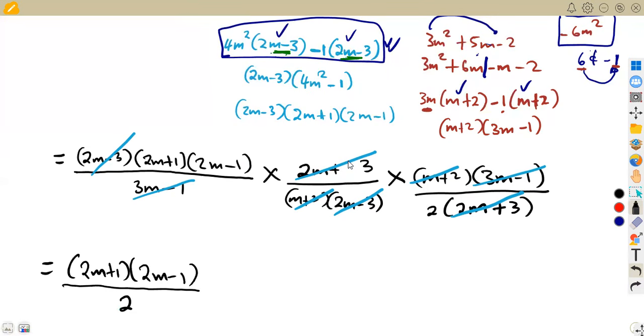All we need is to make sure that all the given expressions are being factorized where it is possible for you to factorize. Where it is possible, you have to make sure that everything is being factorized.